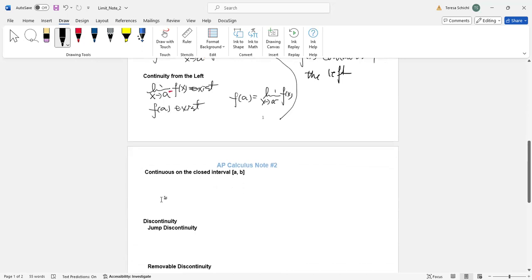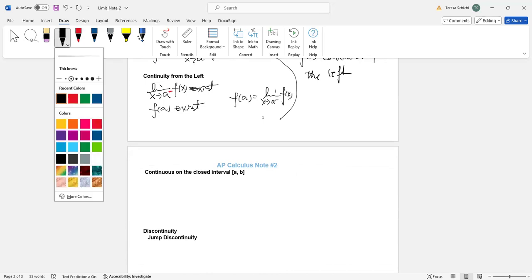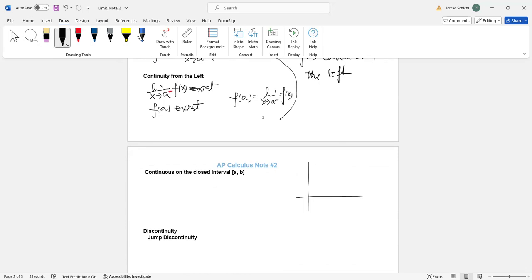Okay, so we're going to take a look at some examples. When we talk about continuous on a closed interval, if here you have a, b, and here is your function, because it's a closed interval I have the dot at the end.